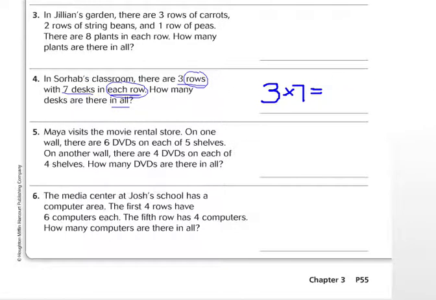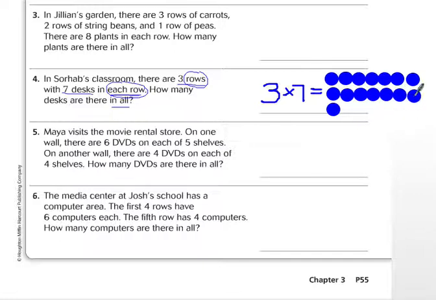So what is that going to give me? Well, let me do a model of rows and columns. Let me do an array. Well, here we go. I need 3 rows. 1, 2, 3. And I need 7 in each row. So 1, 2, 3, 4, 5, 6, 7. 1, 2, 3, 4, 5, 6, 7.